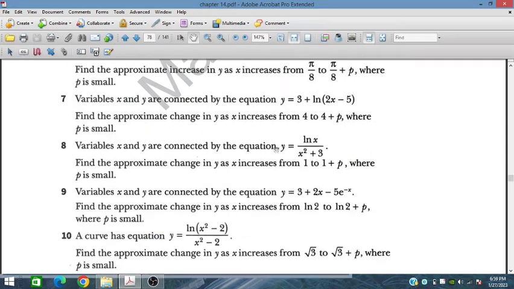The variables x and y are connected by this equation, and we want the approximate change in y as x increases from 1 to 1 plus p. So this is a small change in y.